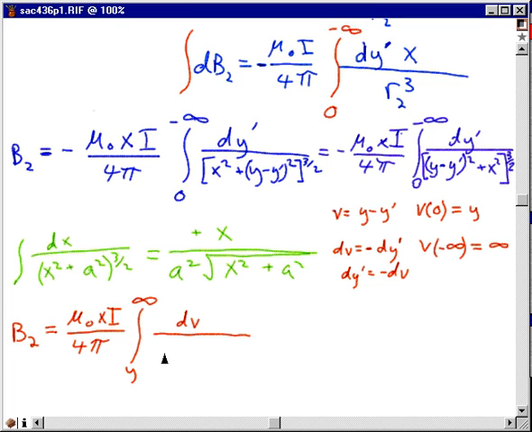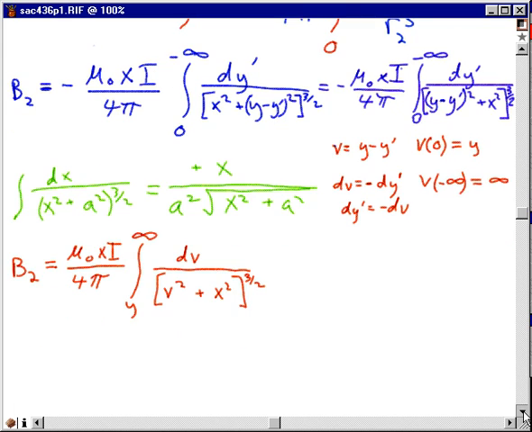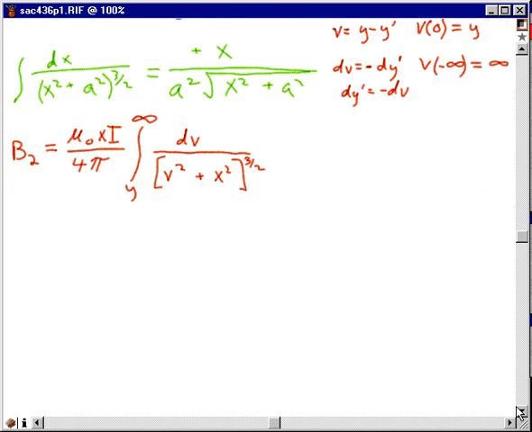This is where the substitution was designed to make this look simpler, and it does. Now it looks just like the integral from the table of integrals.